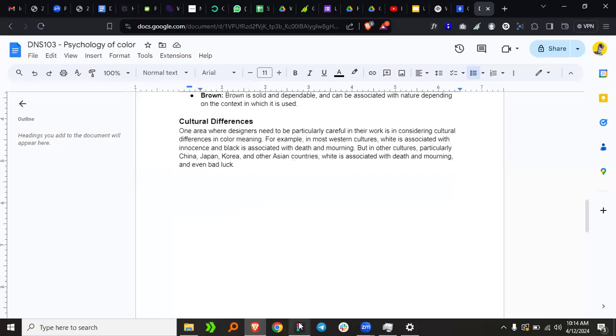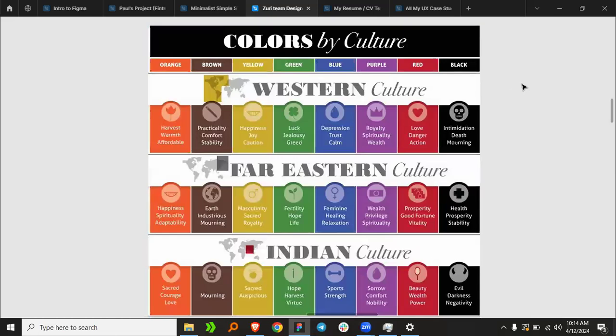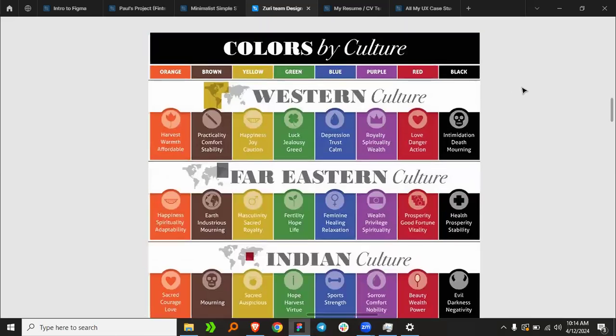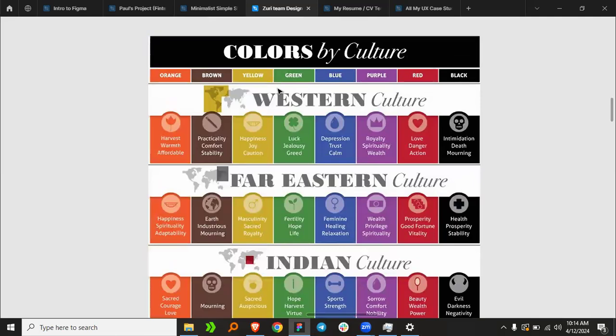I'd like to show you guys this picture that I have here. I said colors by culture, right? So we have orange, brown, yellow, green, blue, purple, red, and black. This one here is for Western culture, this part of the world map.